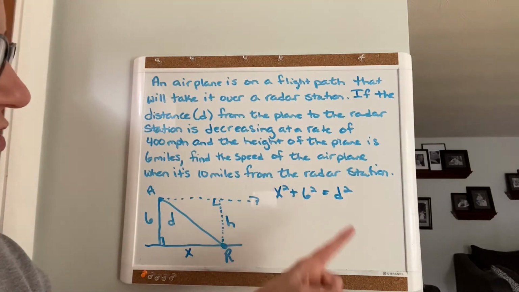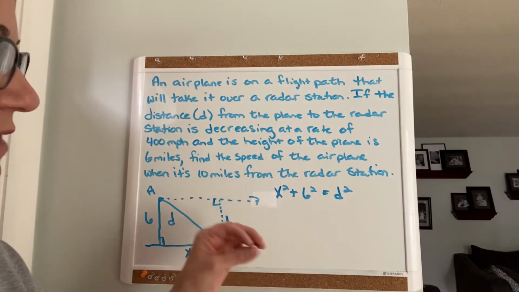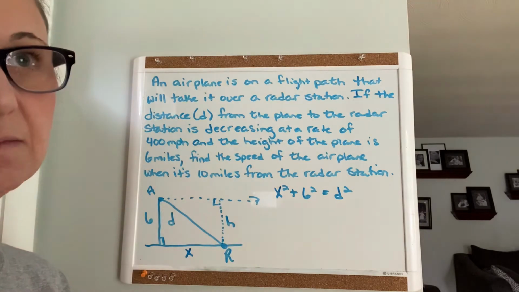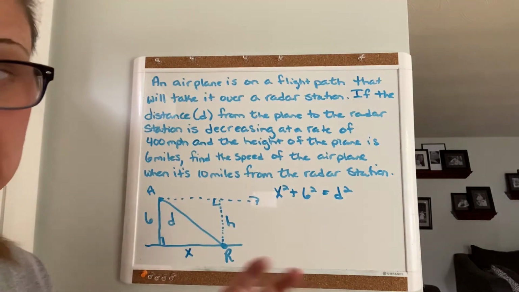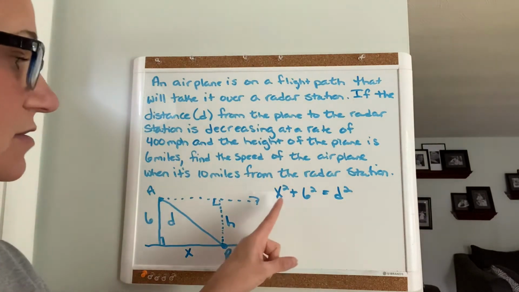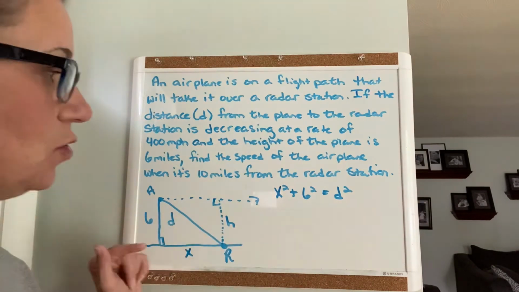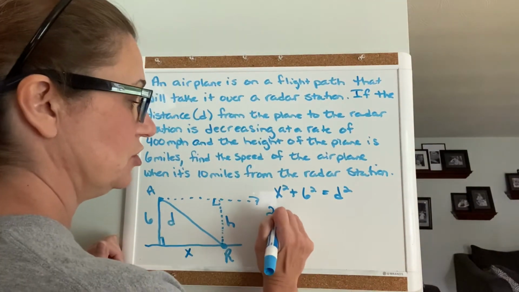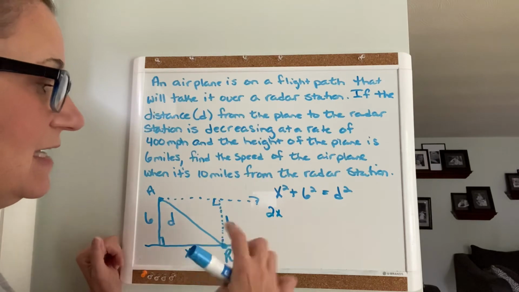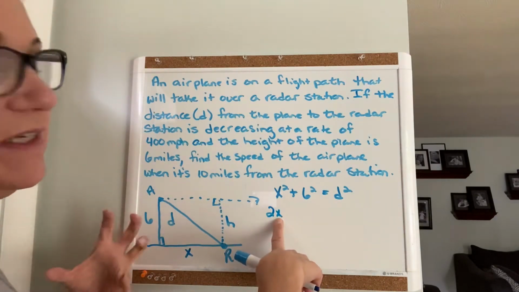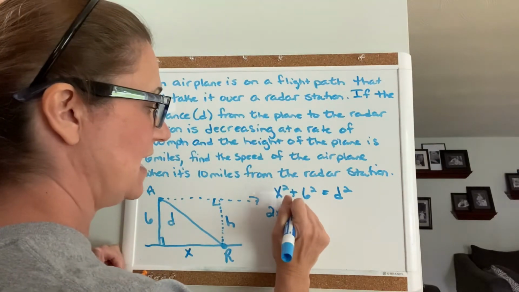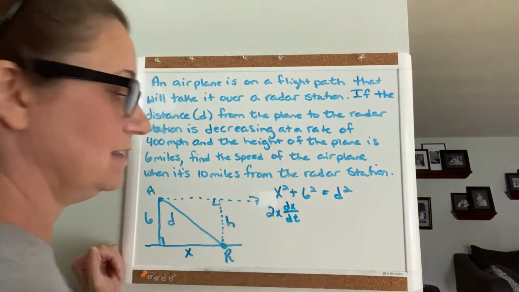So something, d something dt. If we take the derivative of x squared, this becomes 2x, and we're taking the derivative of x with respect to time, so you're going to have to write dx dt.